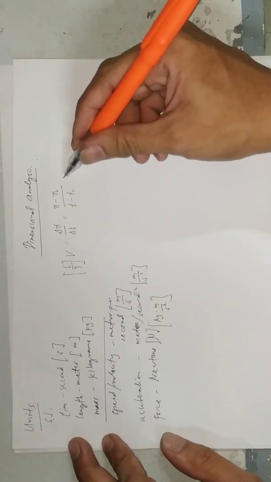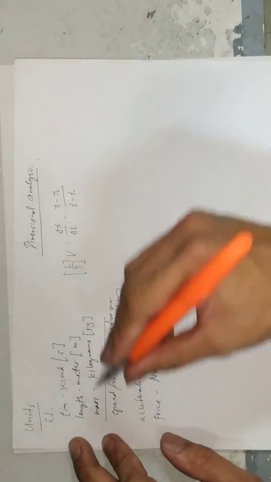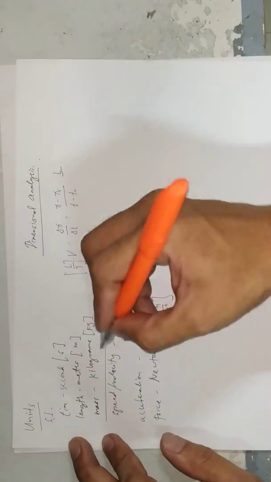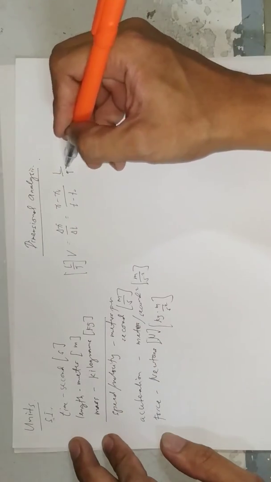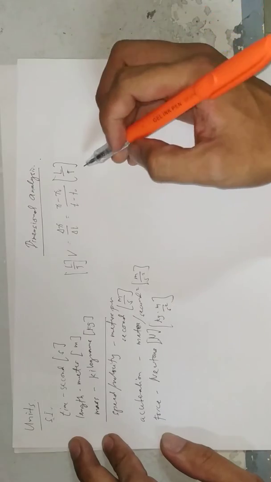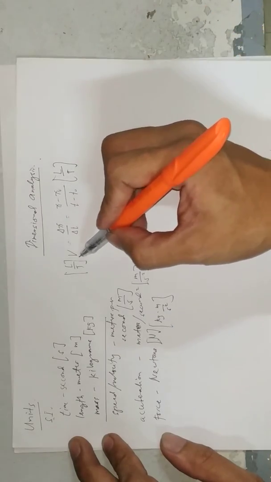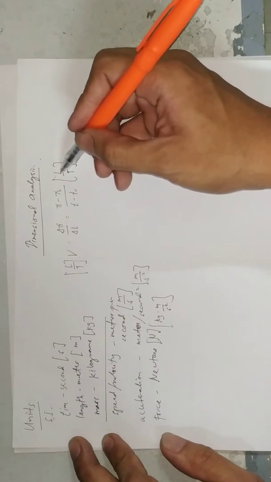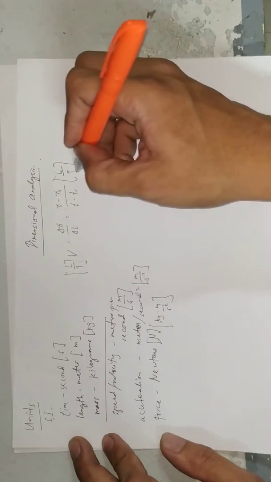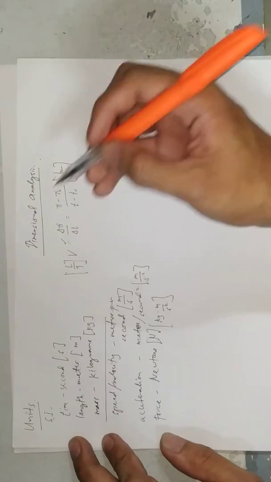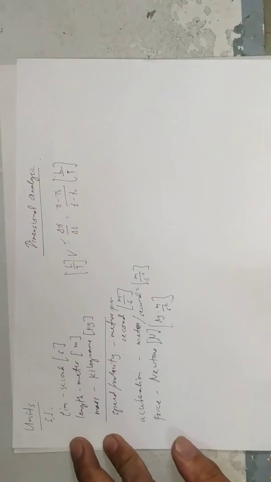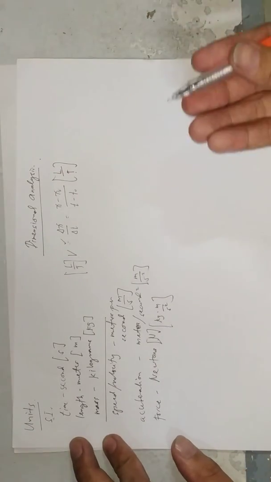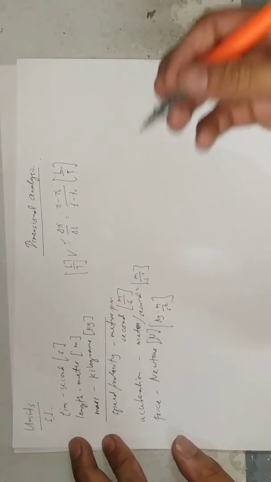The dimension of x is length, so that would be L. For time, that would be T. So you will see that the dimensions for v are the same as the dimension on the other side, x over t, that would be dimension of length over time. And so this equation really exists. I know that it is already proven and tested, so there's nothing more we can do about it.